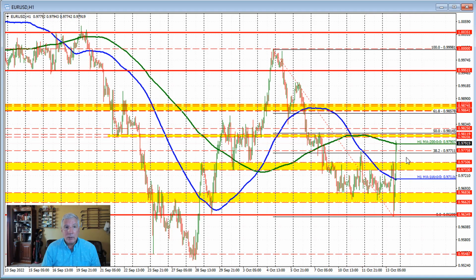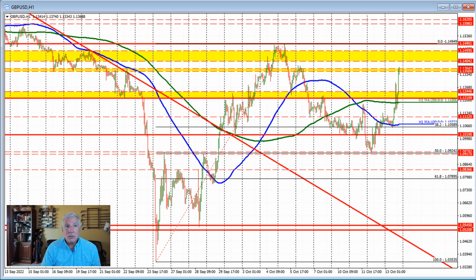We'd have to see the price get back below the 38.2% retracement, which is also near the Tuesday high price here. That would give us two reasons to sell. As you can see, the low price right here just held support against this old high, against the 38.2% retracement. So the buyers are still trying to hold support and take this pair to the upside. That's going to be the battle in the next few hours of trading.